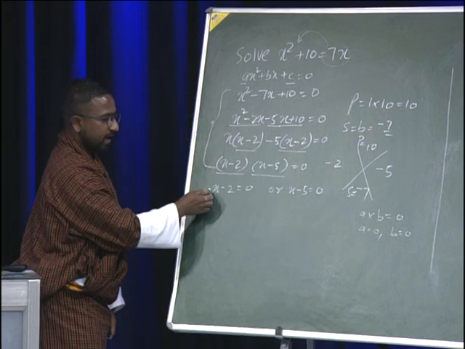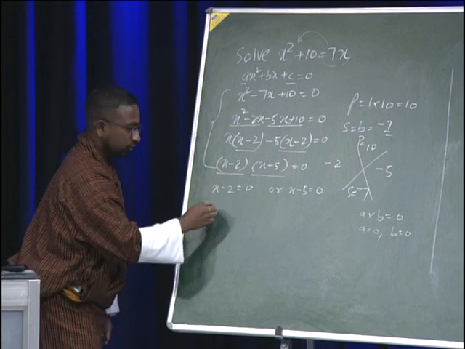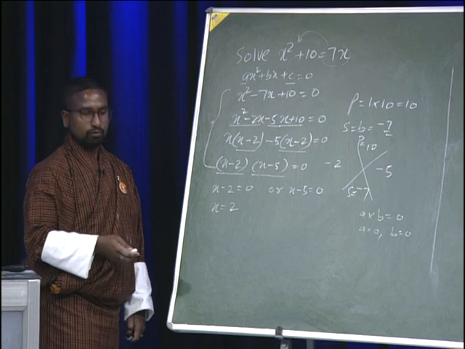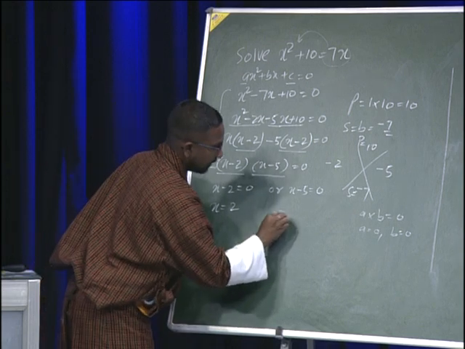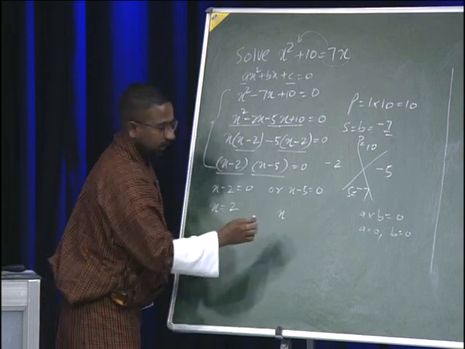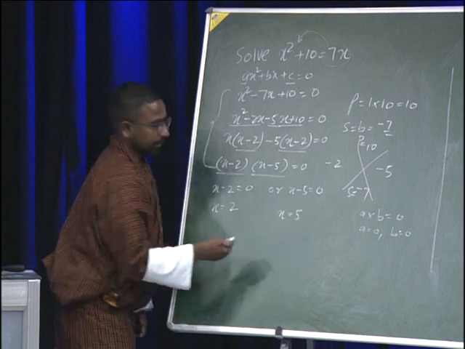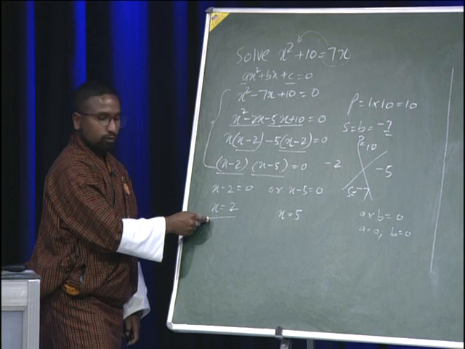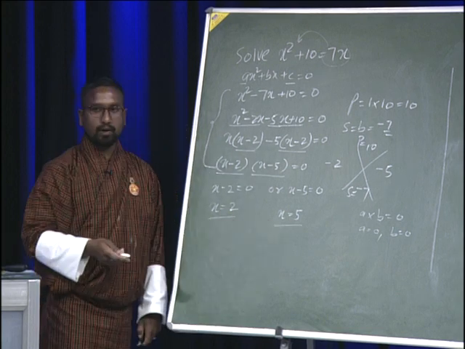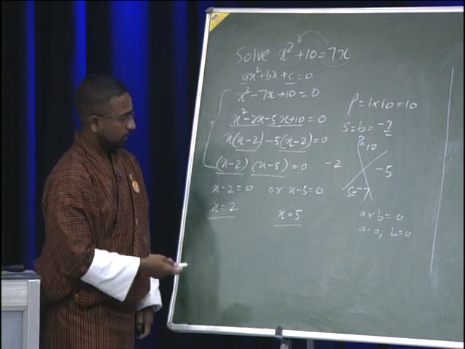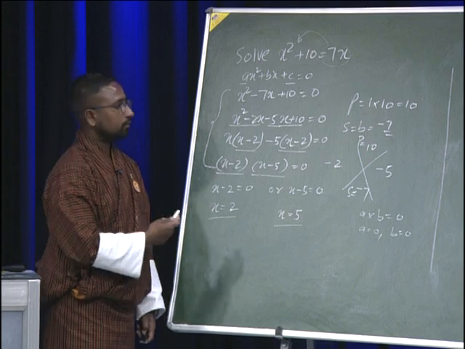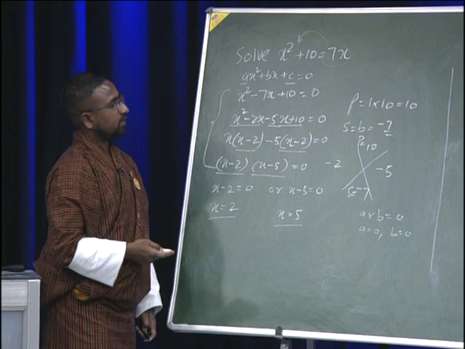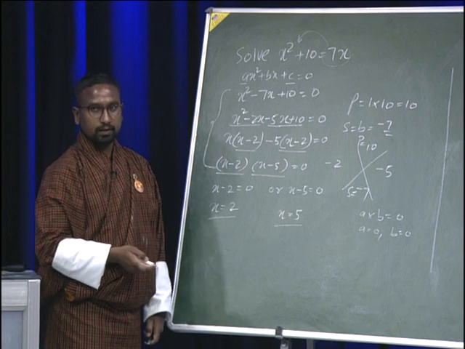If x minus 2 is 0, which means x will be equal to positive 2, or if x minus 5 is 0, then x will be equal to 5. So, here x equal to 2 and x equal to 5, these two are the solutions of the quadratic equation x square minus 7x plus 10.